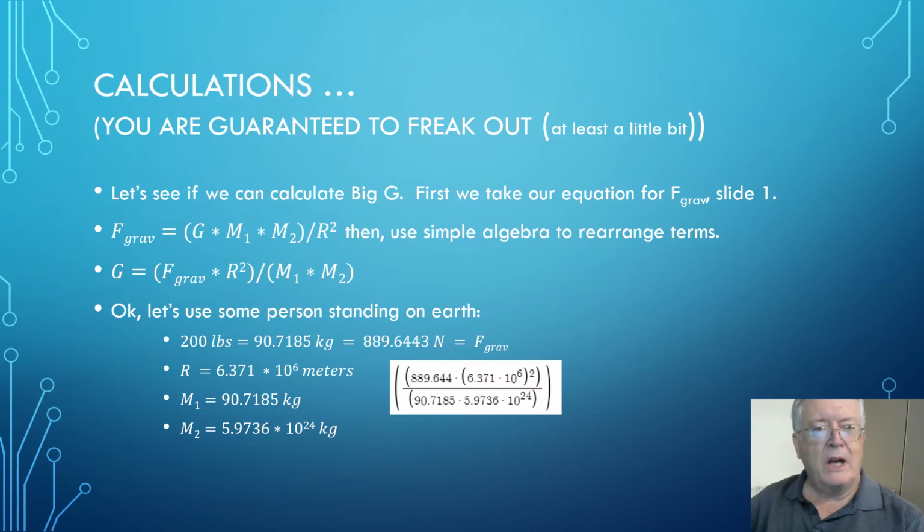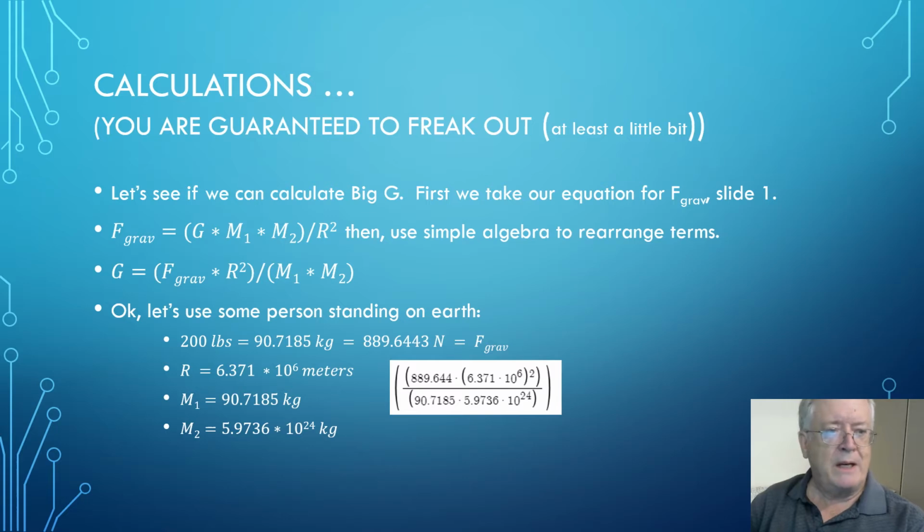Here are some calculations that I did personally with my own observations. I wanted to see if I could calculate Big G. So my hypothesis was to calculate Big G and see how close I could be to the accepted value. So we take our equation for F of gravity from slide 1, and you remember that equation.